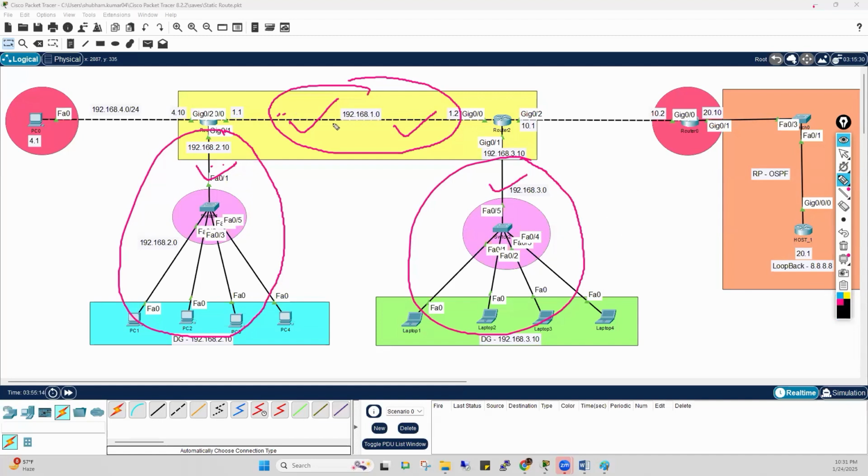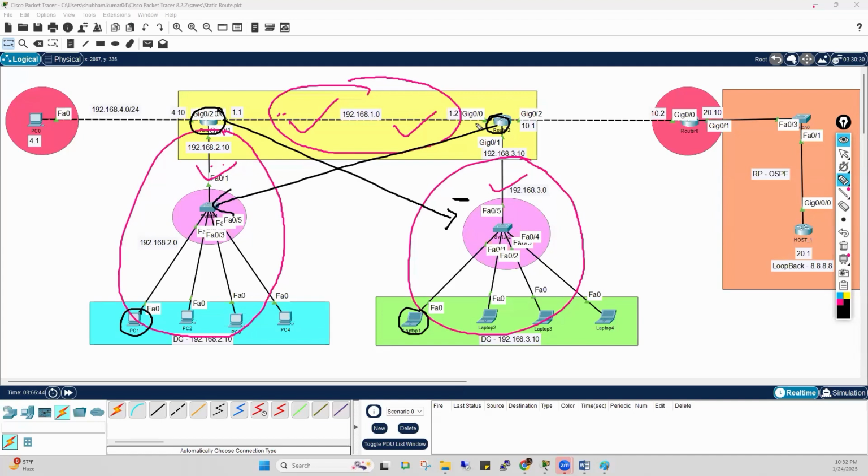But if I ask you, does this router know about this network? The answer is no. This router doesn't know about this network, and this router doesn't know about this network. Getting my point? That's the reason if I try to ping from this PC to this PC, I'm not able to ping, because this router doesn't know where 192.168.3.1 is, and this router doesn't know where 192.168.2.1 is.